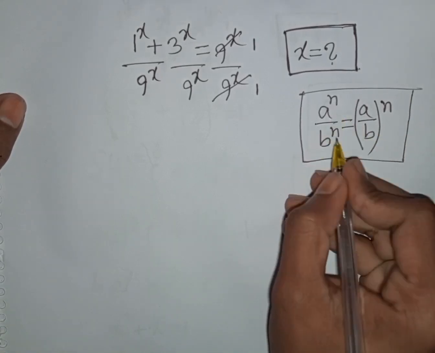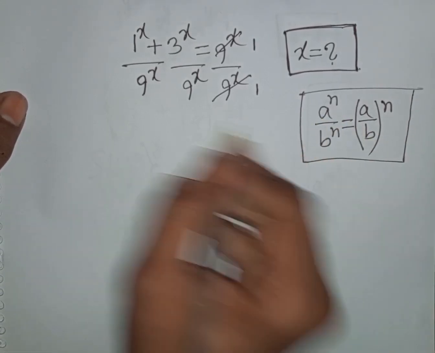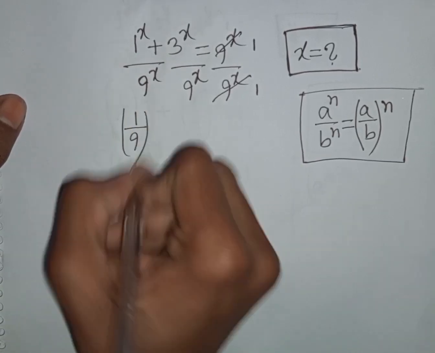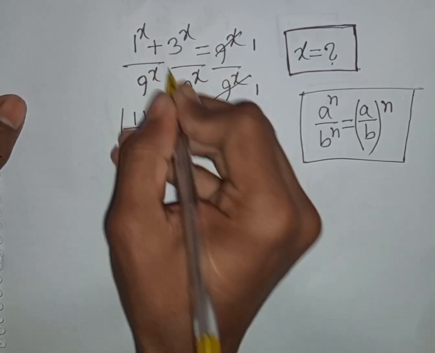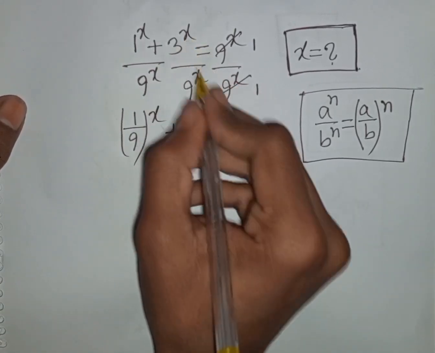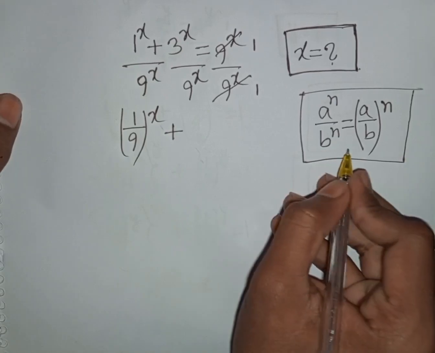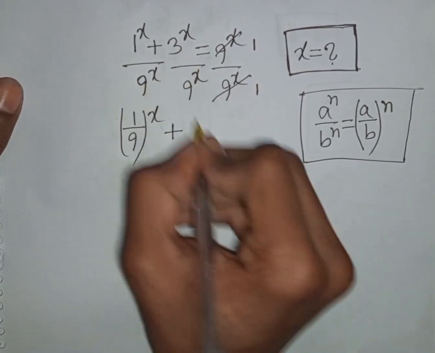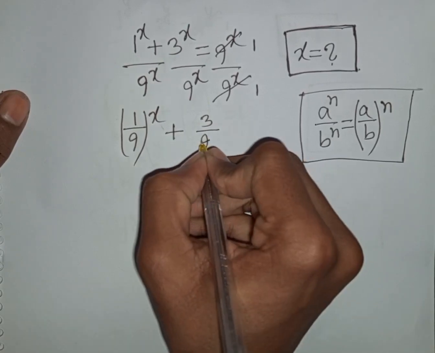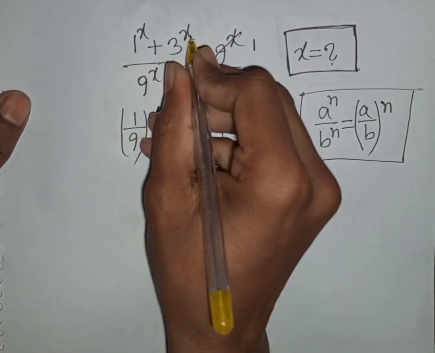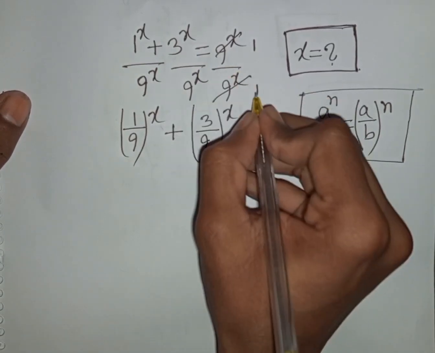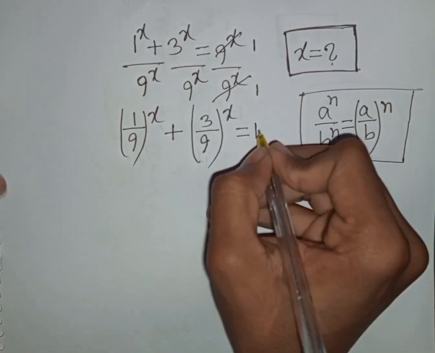That means n is the same power but different base, so we can write (1/9)^x plus, again x is the same power but a different base, so according to this exponential rule we can write (3/9)^x is equal to 1 divided by 1, that means it will be 1.